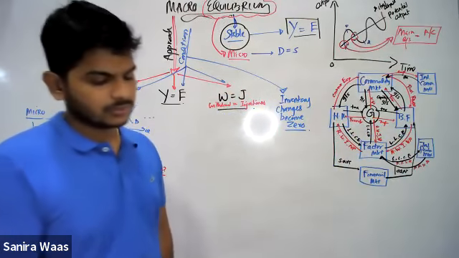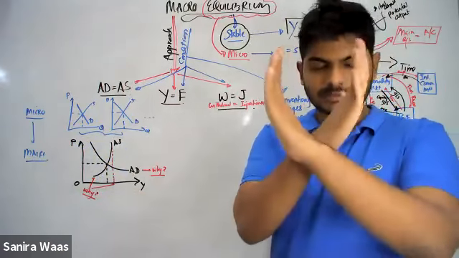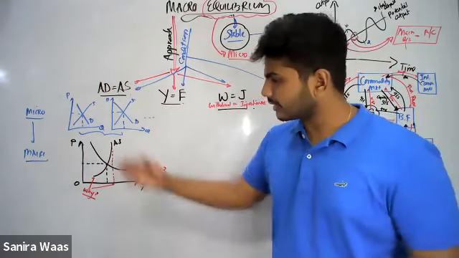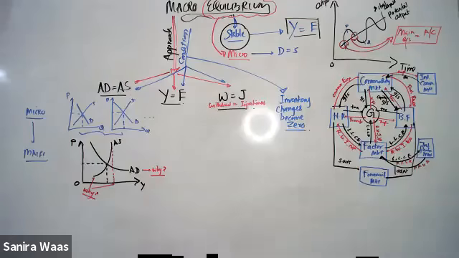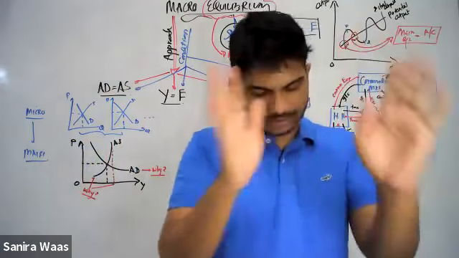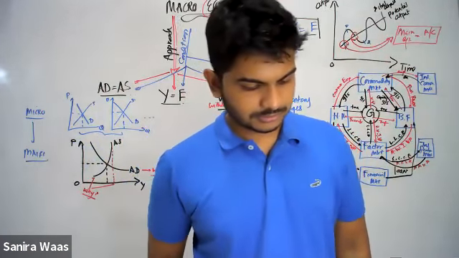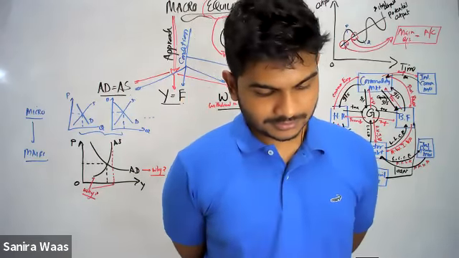Why does this happen? Why do these curvatures come like this?